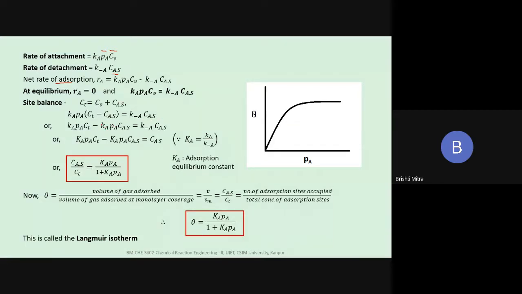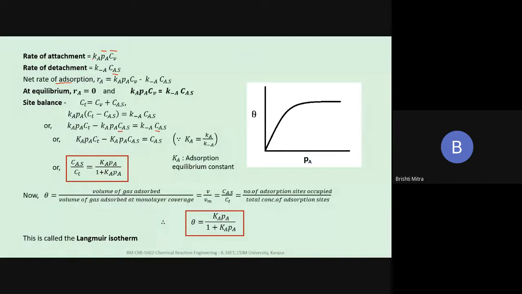Now you open up the brackets. So what do we have? ka P_A C_T minus ka P_A C_A·S, and this is equal to k_minus_A C_A·S. Now, if I take all the C_A·S terms to one side, we can also divide by k_minus_A. Notice that this is small ka.